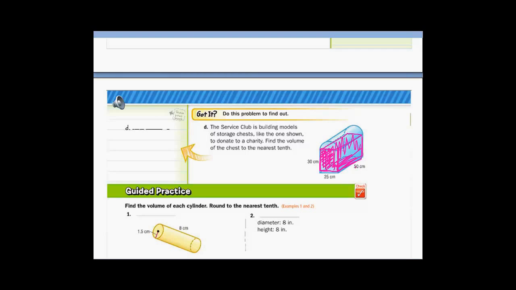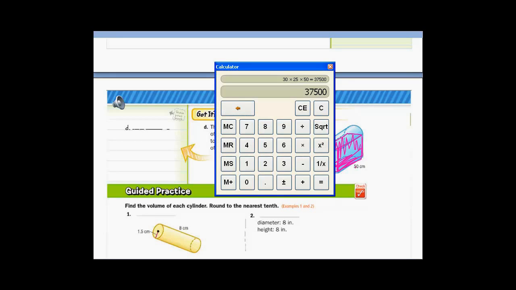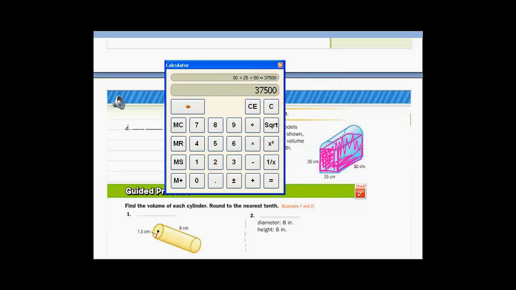So getting my trusted calculator back out here. I've already got it done right here for you. 30 times 25 times 50. Whoops, 37,500 cubic centimeters or centimeters cubed, however you want to write it. Now, if you would have done it the other way, you're going to get the same answer.